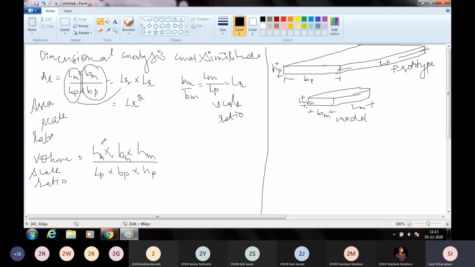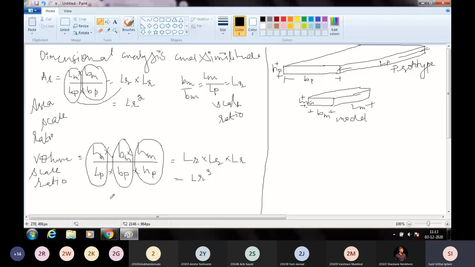If you again see, LM by LP is actually LR, the scale ratio, multiplied by the next term. BM by BP is again LR, multiplied by HM by HP, which is again LR. So if you multiply all these terms, you get LR cubed. So this is the volume scale ratio in case of geometrical similarity.